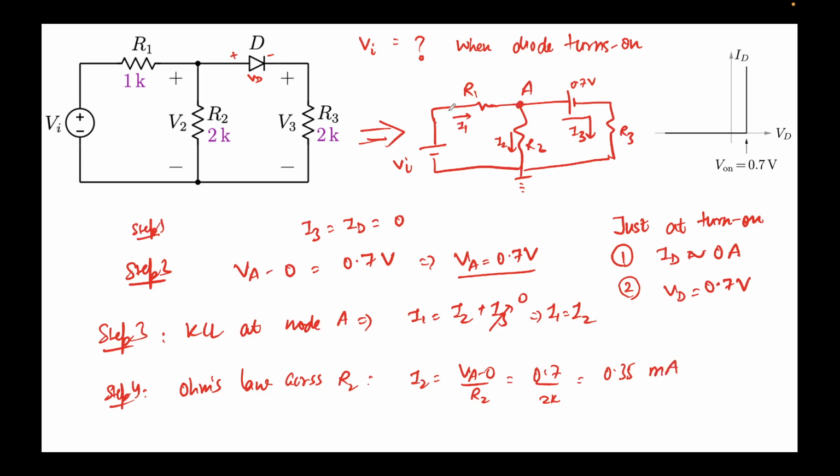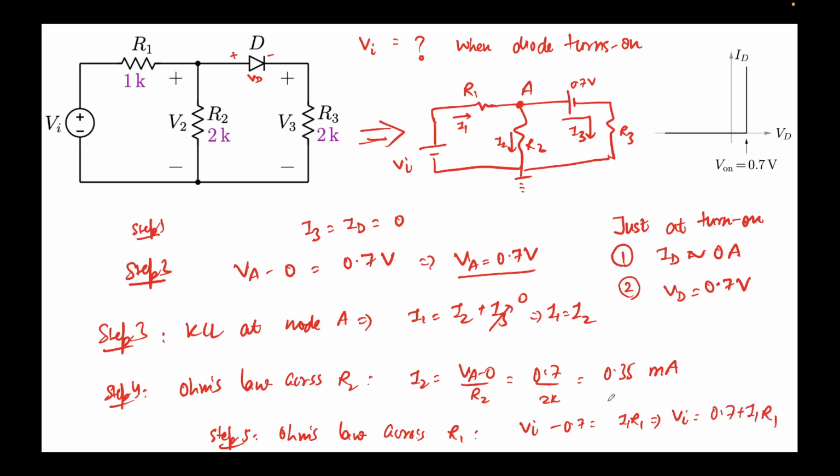Now I can simply find the value of VI by applying Ohm's law across R1. So that will be VI minus 0.7 should be equal to I1 times R1, and this will give me VI equal to 0.7 plus I1 R1.